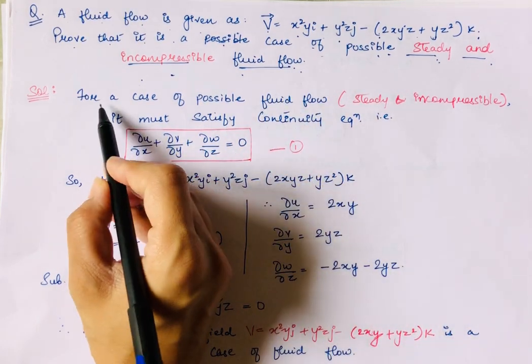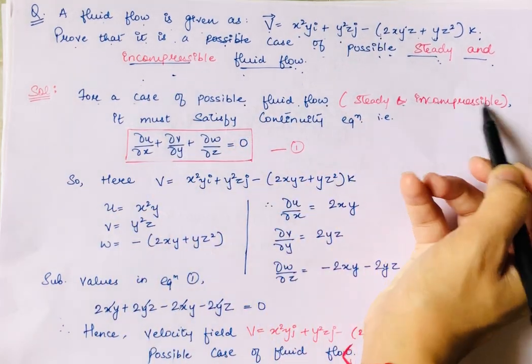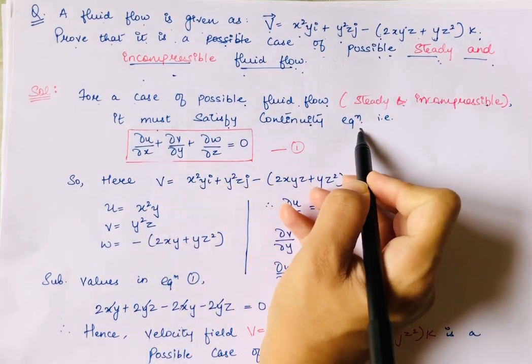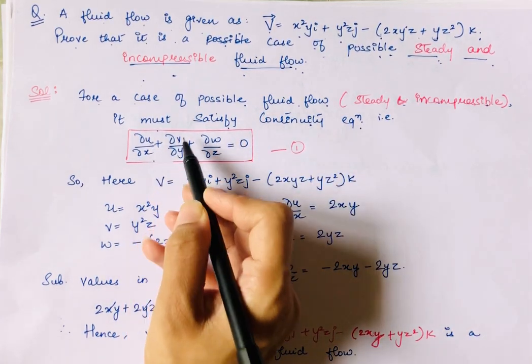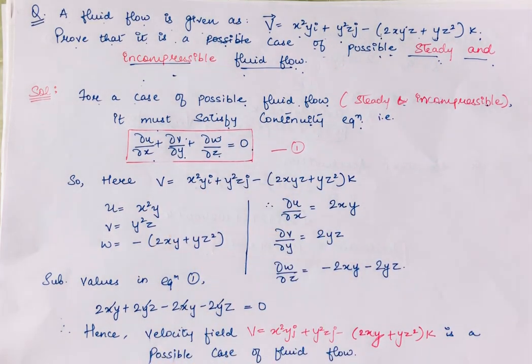Here it has been written that for a case of possible fluid flow that is steady and incompressible, it must satisfy the continuity equation, that is del u by del x plus del v by del y plus del w by del z is equal to 0. If you remember, this is the equation which has been derived by us, the continuity equation in Cartesian coordinates.